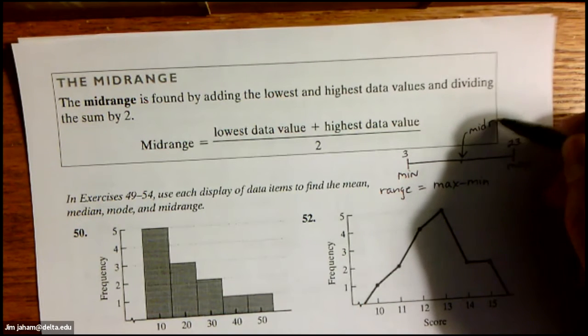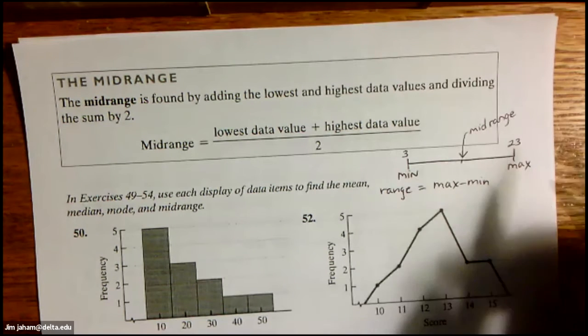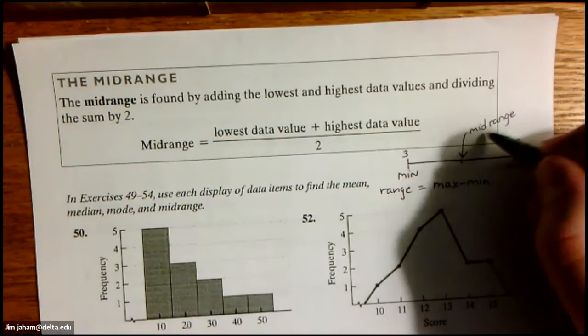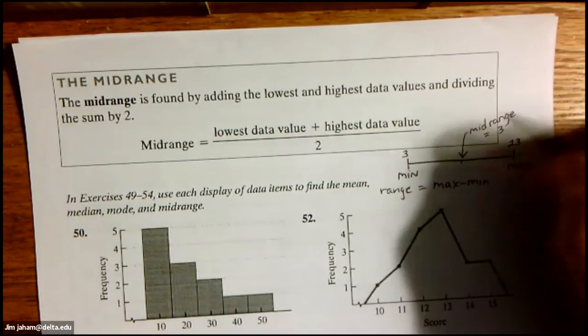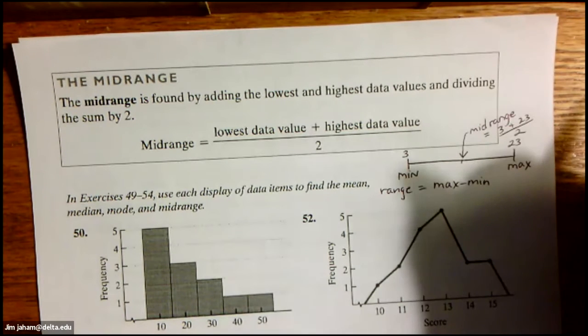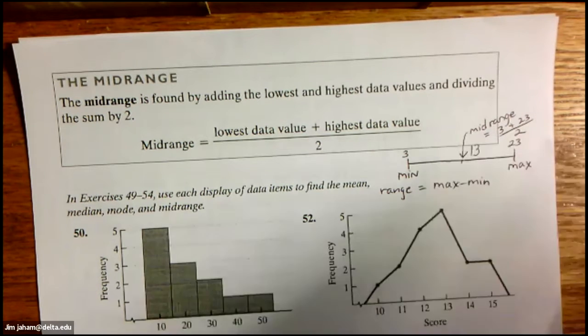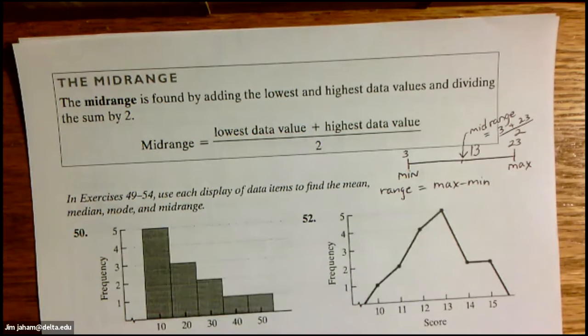It's midway through the range. We take 3, the smallest data value, plus 23, the largest data value, and then divide by 2. 26 divided by 2 would be 13.